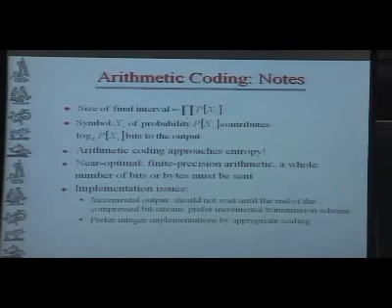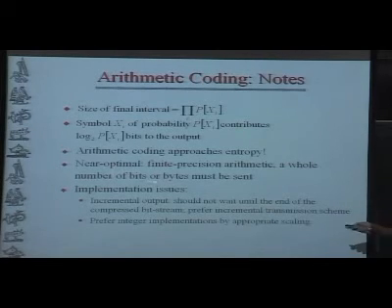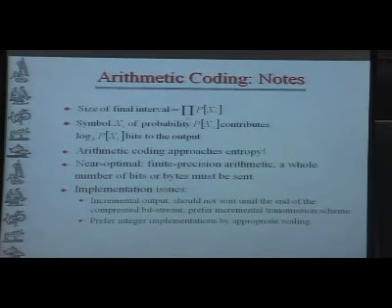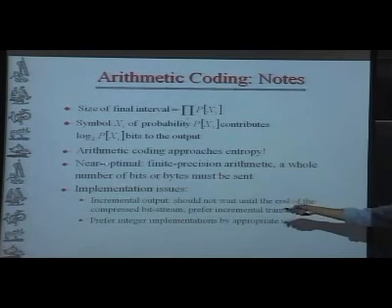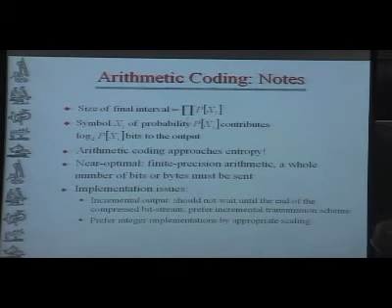This arithmetic code can be proven to be near optimal, even with finite precision arithmetic, because a whole number of bits or bytes must be sent to the other side. Usually we round it off to bytes and then send it to the other side.